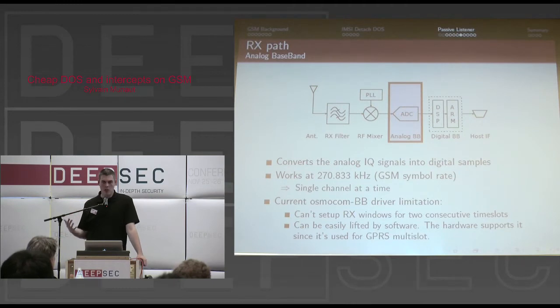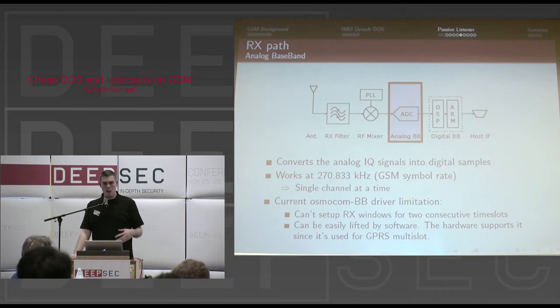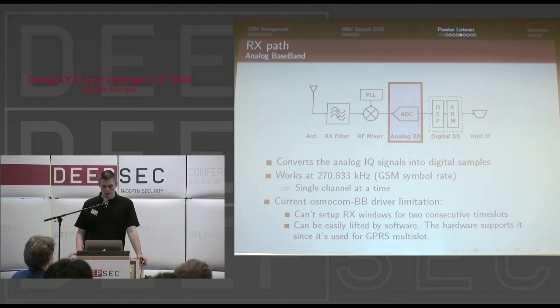That's a software limitation, because the hardware has to be able to do it, since it's a requirement for GPRS multi-slot, and this chip is supposed to support at least two consecutive bursts. So with a little work, we could just lift that restriction.